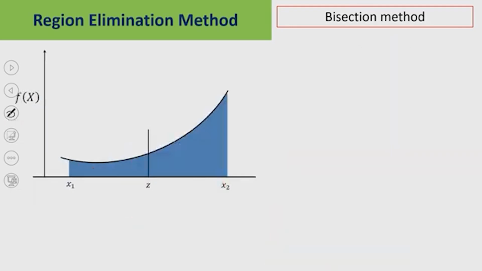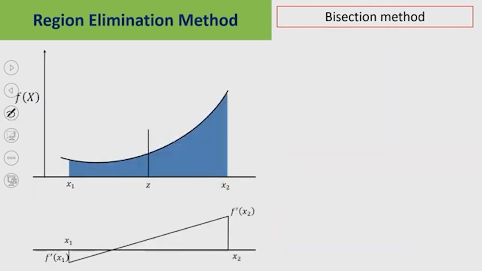So, we can modify this. Now, let us see that this is the derivative at x2 and this is the derivative magnitude value at x1. Now, this is the earlier z, z equal to (a plus b) by 2, and now I would like to take the z value somewhere here, where the sign has changed.